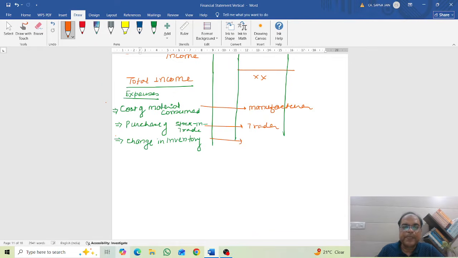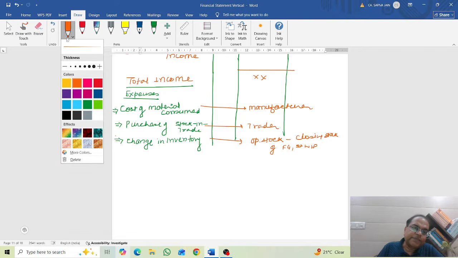Okay, change means opening stock and minus closing stock. Now the opening stock and closing stock of what item? Of finished goods, of WIP. Okay.